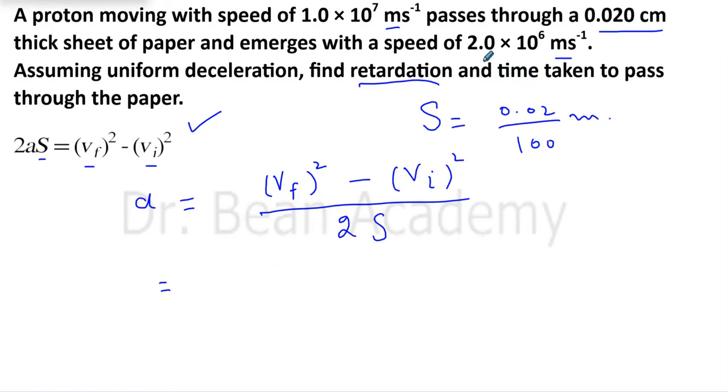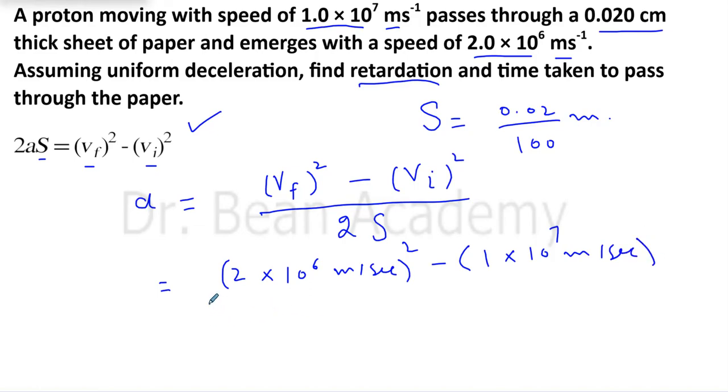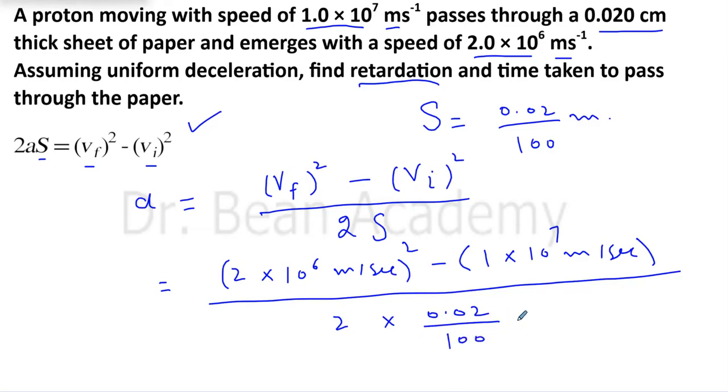Vf is the velocity after emerging through the sheet, so it is 2 into 10 power 6 meter per second, squared, minus the initial velocity before entering the sheet, which is 1 into 10 power 7 meter per second, squared, divided by 2 into 0.02 over 100 meters.